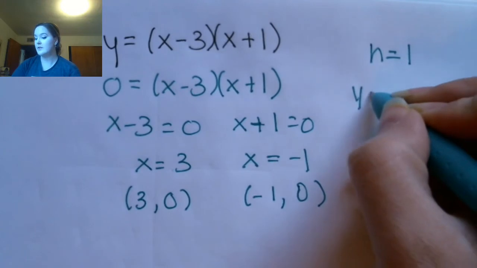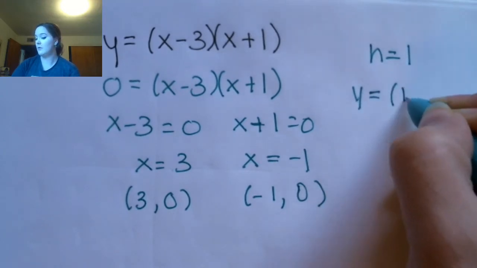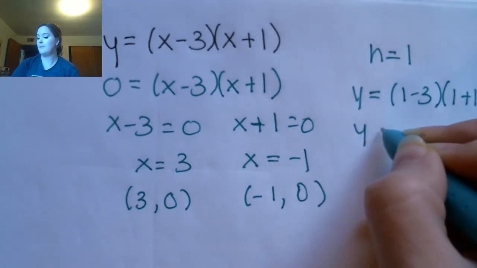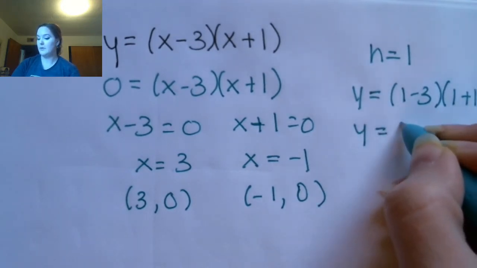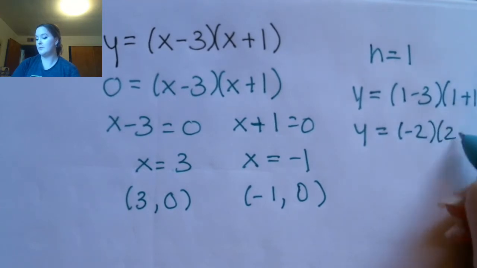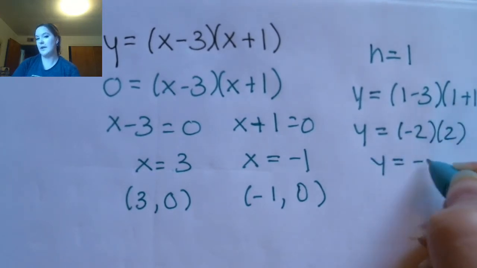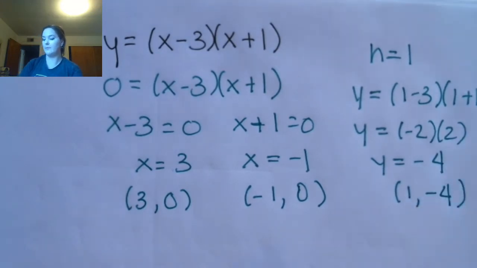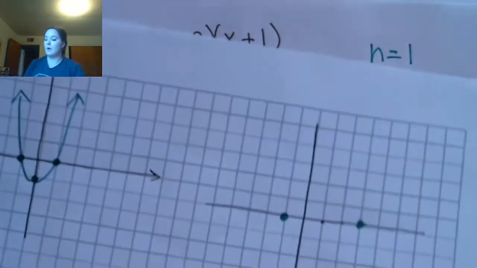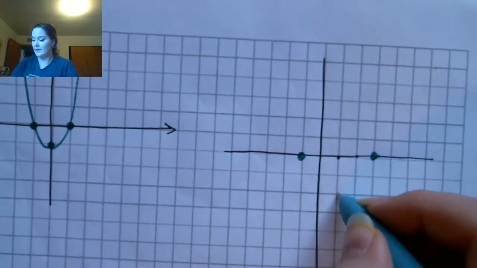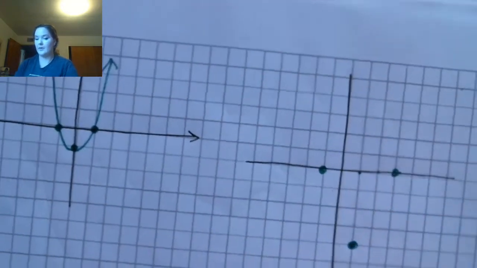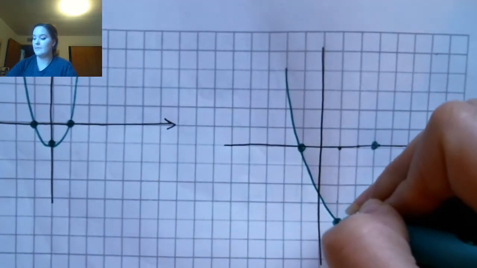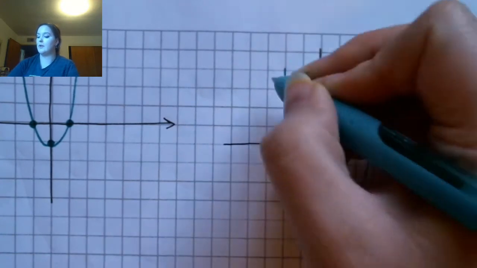So I'm going to plug this in to get my y coordinate. So this will give me negative 2 times 2, which is negative 4. So my vertex is going to be 1, negative 4. So I'm going to go 1, negative 4. That's my vertex. And I draw in my parabola.